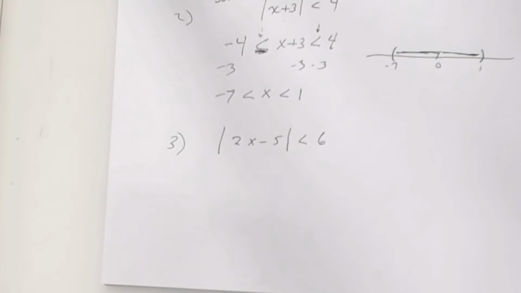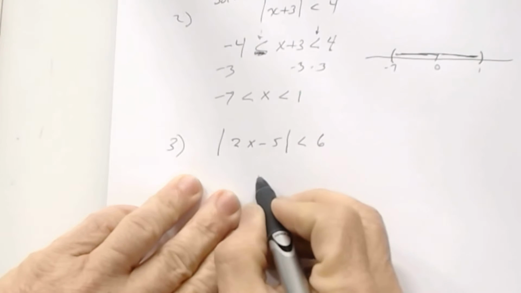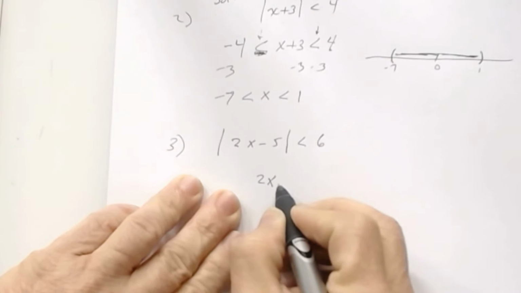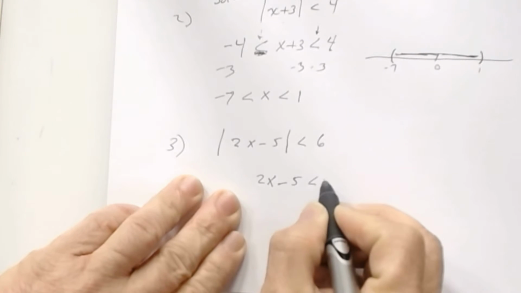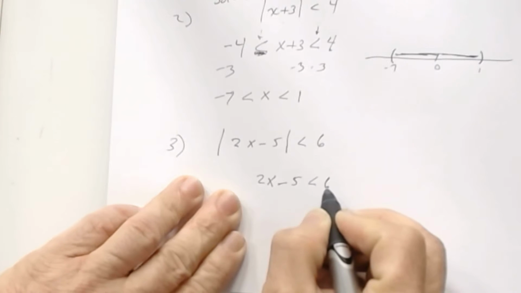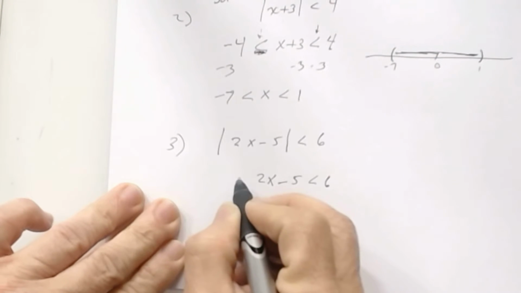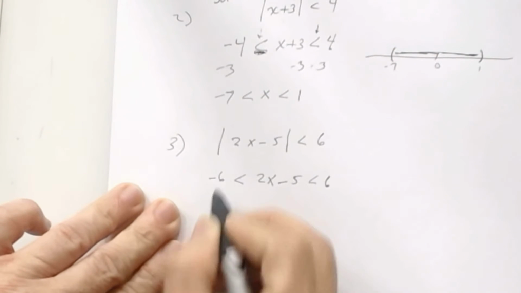So when you see absolute value less than, you're going to write a compound inequality with that expression in the middle. You're going to rewrite it without the absolute value bars. So what's my expression? 2x minus 5 is less than 6. And on the other side, that has to be greater than -6.